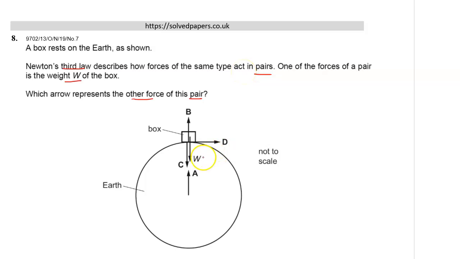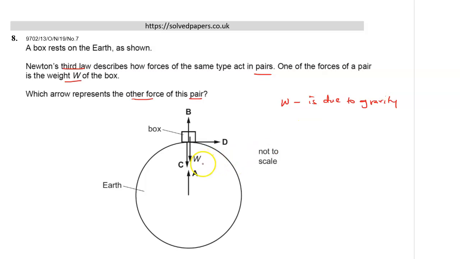So, of course, we know that from Newton's third law, forces act on different objects, have equal size, are opposite, and are of the same type. All right. So, what is W? W is due to gravity.